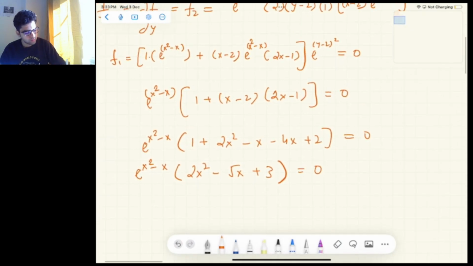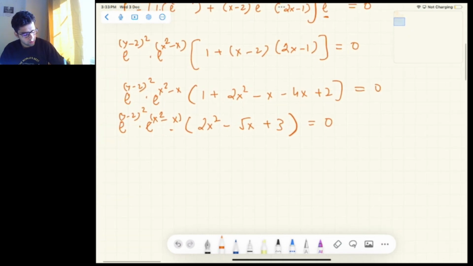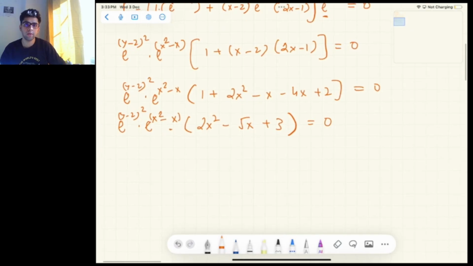Along with this term also, right? So 2x square minus 5x plus 3 is the only term that can be equated to 0, right?